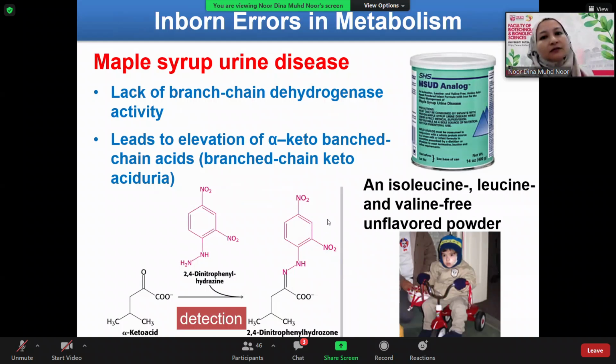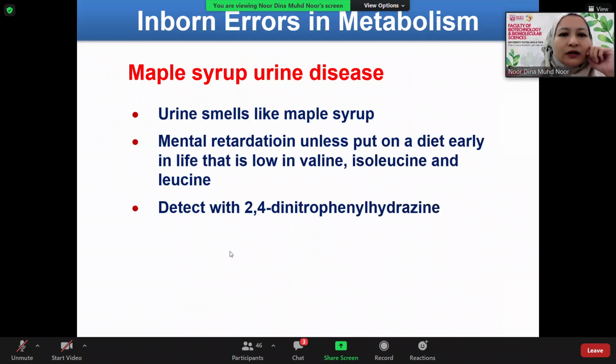Okay, so this is another disease, which is maple syrup urine disease. Maple syrup urine disease is because of the lack of the branched-chain dehydrogenase activity. So what happens is they are going to have accumulation of the compound we call 2,4-dinitrophenylhydrazine derivative.